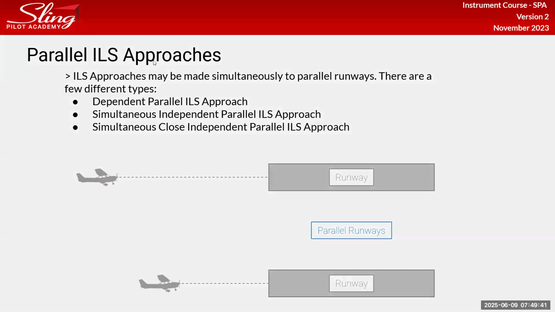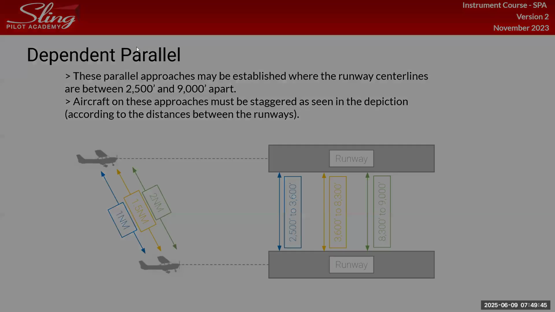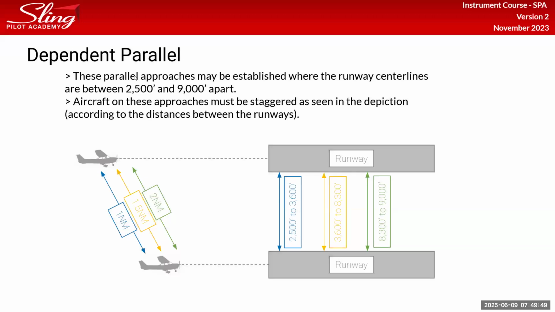Proceed. So, a dependent parallel ILS approach. These parallel approaches may be established where the runway center lines are between 2,500 and 9,000 feet apart. Aircraft on these approaches must be staggered as seen in the depiction according to the distance between the runways.